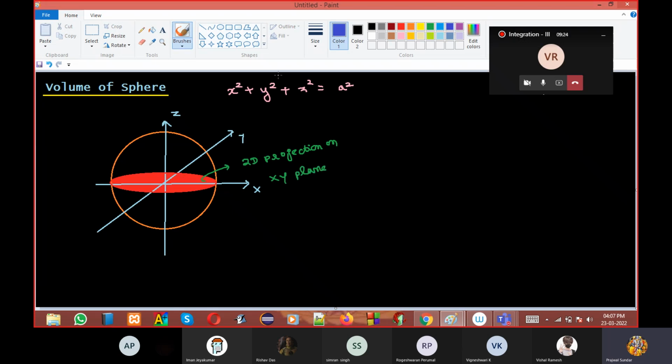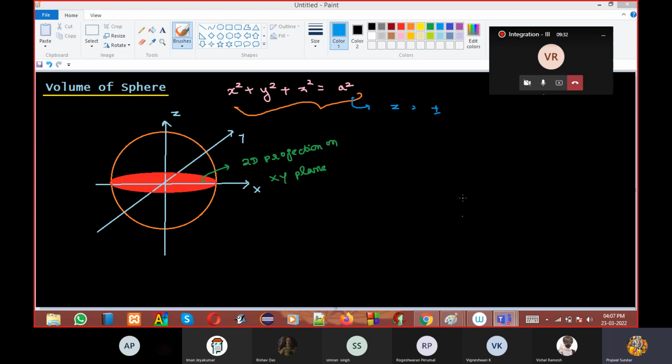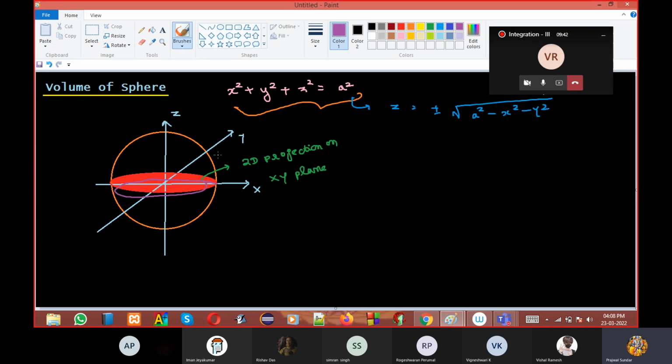Now look at this carefully. Take the equation first. From this equation, can I say z is equal to plus or minus the square root of a squared minus x squared minus y squared? Take any point on the circle.